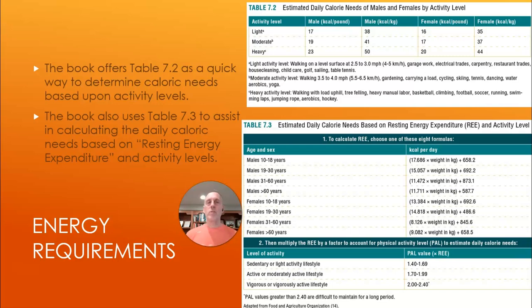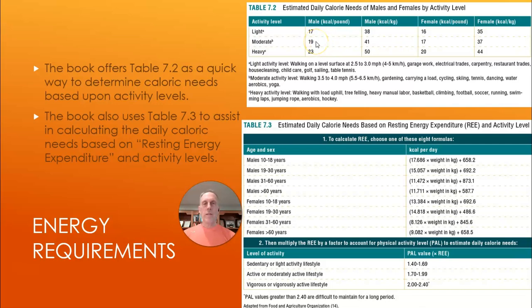So the book offers table 7.2, the one on top here, and then 7.3 to assist in calculating daily caloric needs based on resting energy expenditure. And you can go through and do the math on some of these if you so choose. If we look at estimated daily caloric needs of males and females by activity level, we can see male, male, female, female.